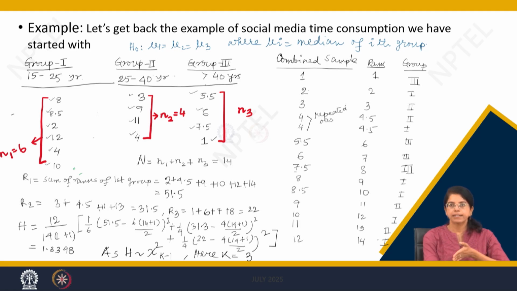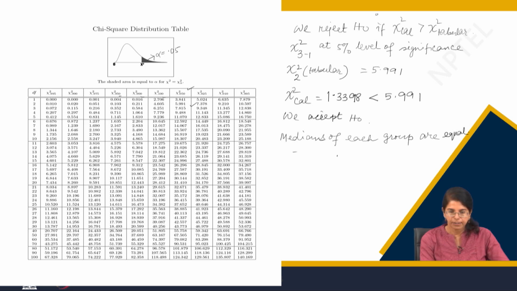So, 3 minus 1, chi-square 2. You have to get to the chi-square table on the next slide. Chi-square 2 tabular is 5.991 at alpha equal to 5% level of significance. As your calculated chi-square is less than 5.991, we accept the null hypothesis.